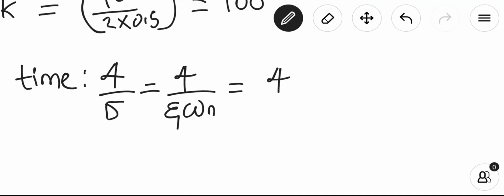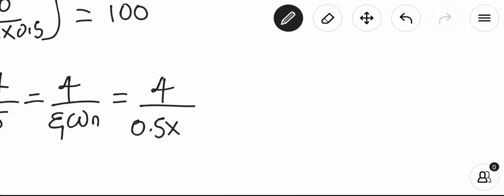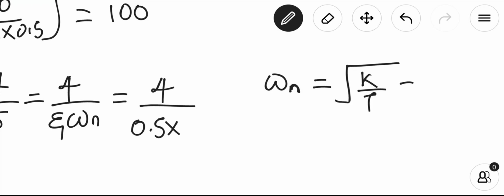You know that zeta, which is the damping ratio, is 0.5, times omega subscript n, which is equal to square root of K over T. For this case, K is 100 and T is 1.